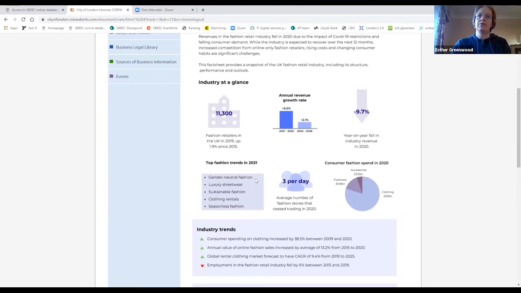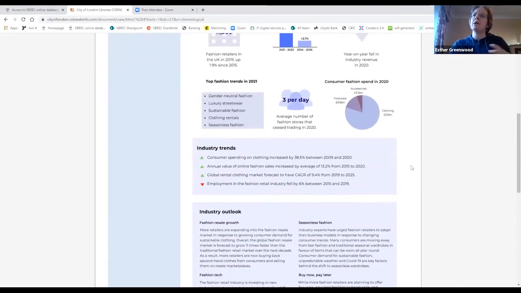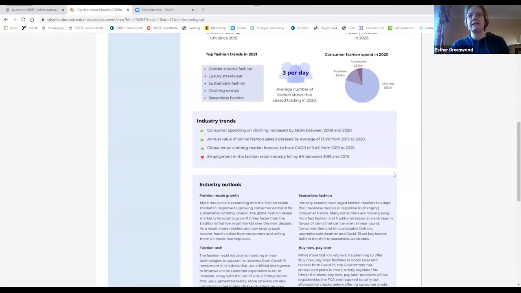So gender neutral fashion, luxury streetwear, sustainable fashion, that's becoming more and more to the fore, if you like. And linked with that is clothing rentals, people renting clothing rather than buying. And so COBRA will give you some headline trends and forecasts for what is expected to happen in a particular sector.